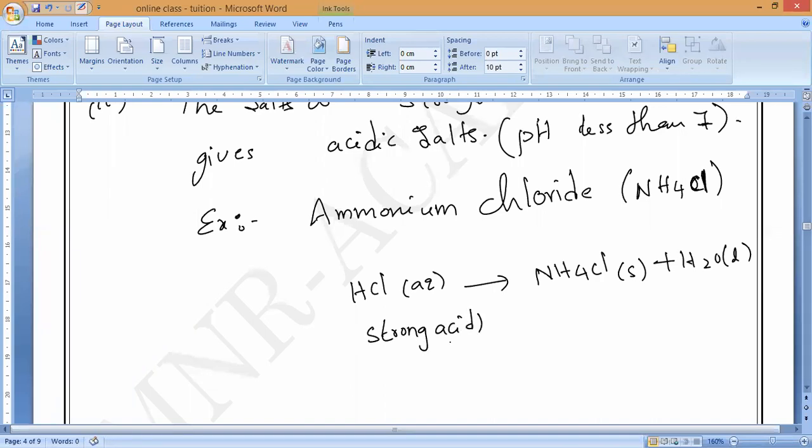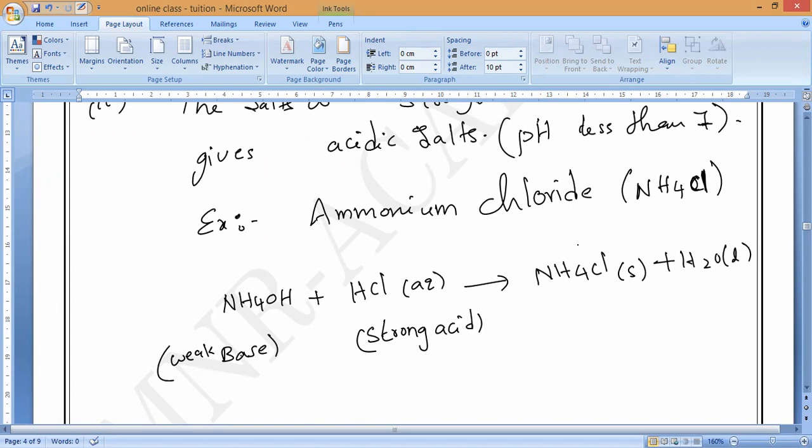Now I want the weak base. What is the weak base? NH4OH, ammonium hydroxide, which is a weak base. Note it down. It gives NH4Cl plus H2O.